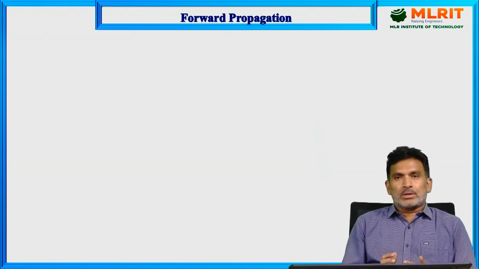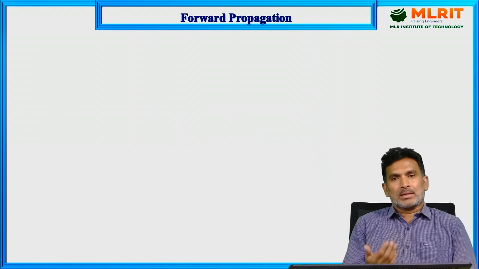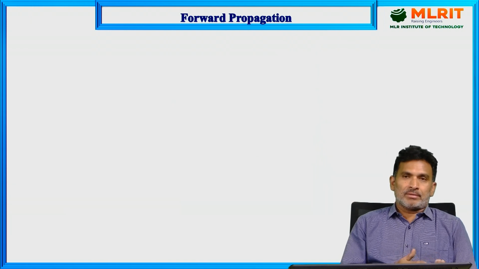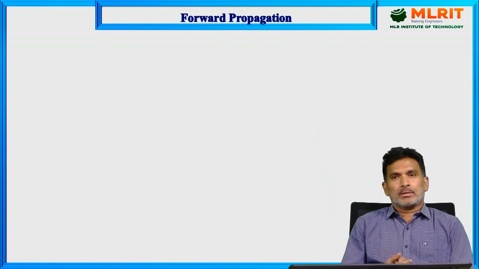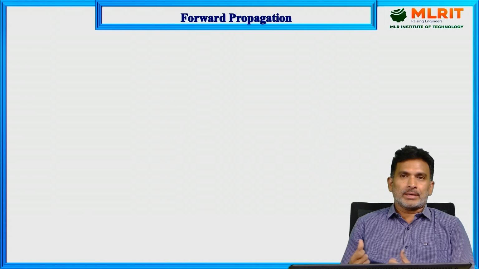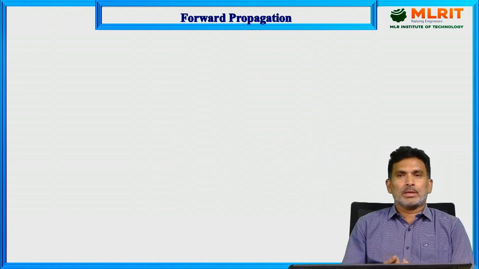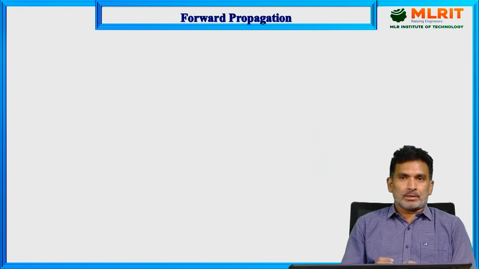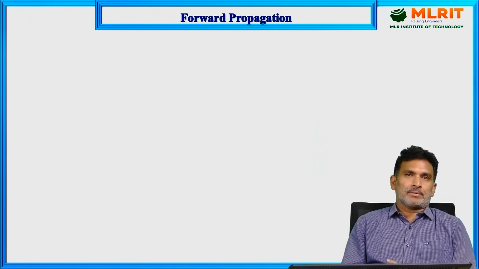So now we are going to discuss in detail what kind of information will be passed from one layer to another layer, what the gradients are and how the gradients would be calculated. All these concepts will be discussed in a little detail in this lecture.